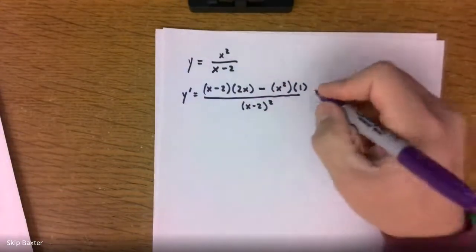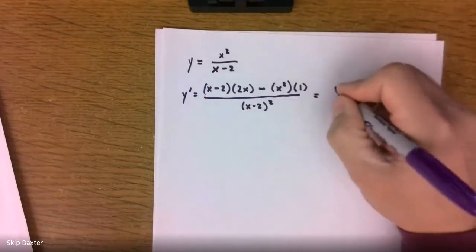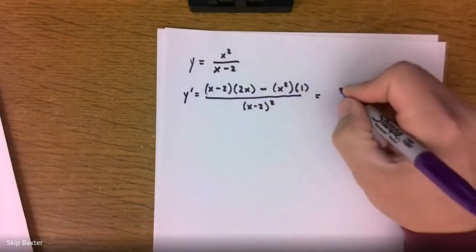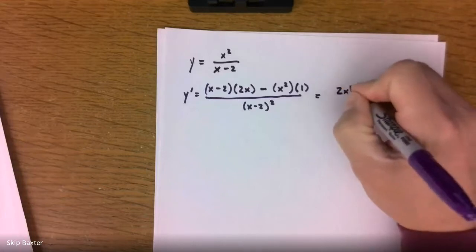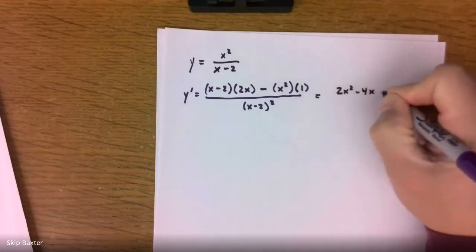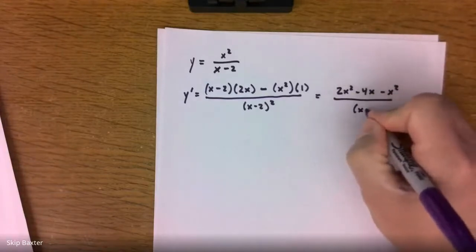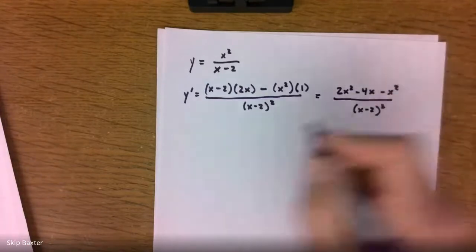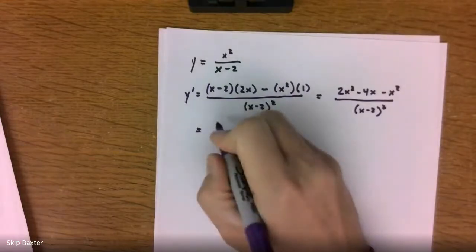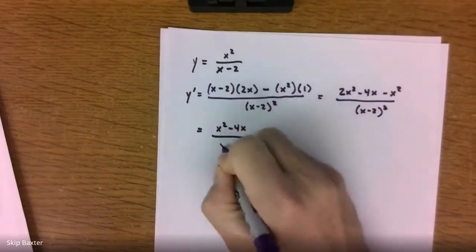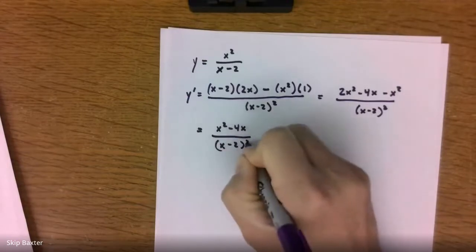So that can be simplified. I'm going to just FOIL this out or distribute. I get 2x squared minus 4x minus x squared. So this would be x squared minus 4x over x minus 2 squared.